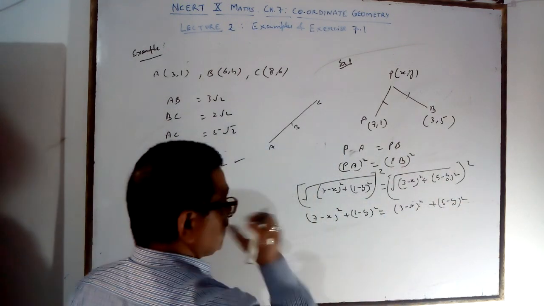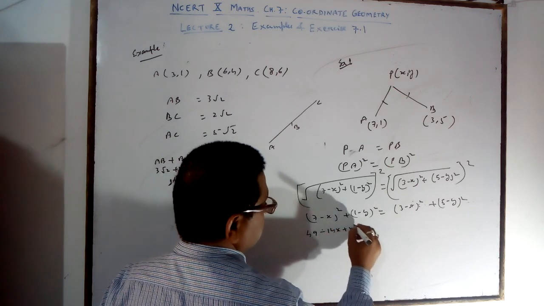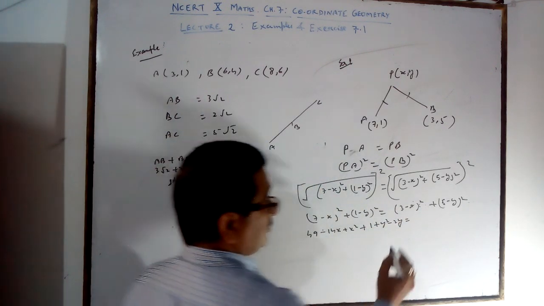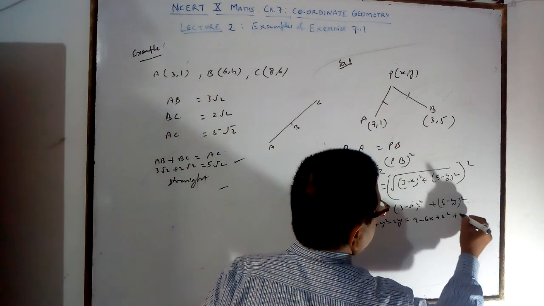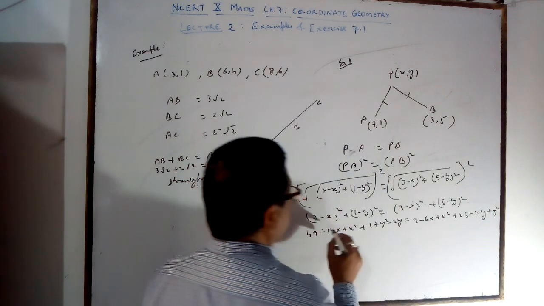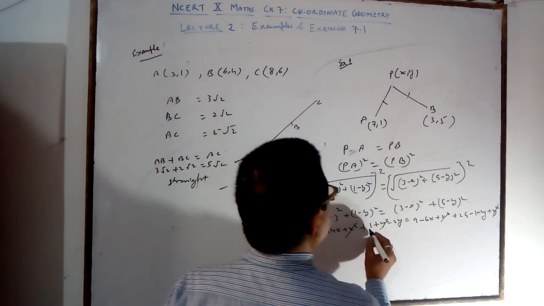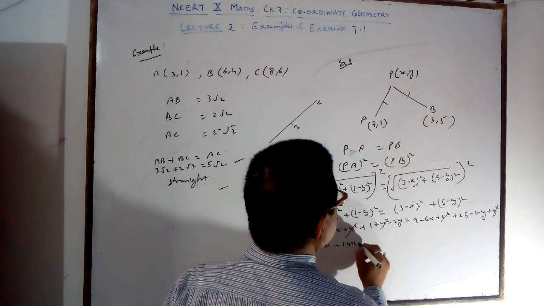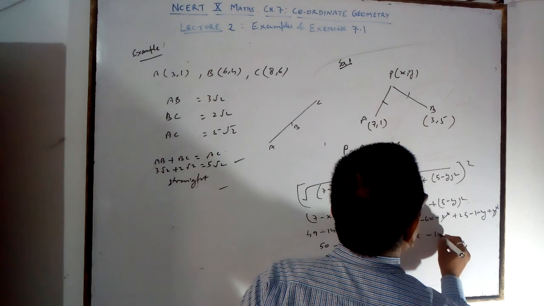Open the brackets: 49 minus 14x plus x squared plus 1 plus y squared minus 2y is equal to 9 minus 6x plus x squared plus 25 minus 10y plus y squared. The x squared and y squared cancel on both sides. 49 plus 1 is 50, minus 14x minus 2y is equal to 34 minus 6x minus 10y.